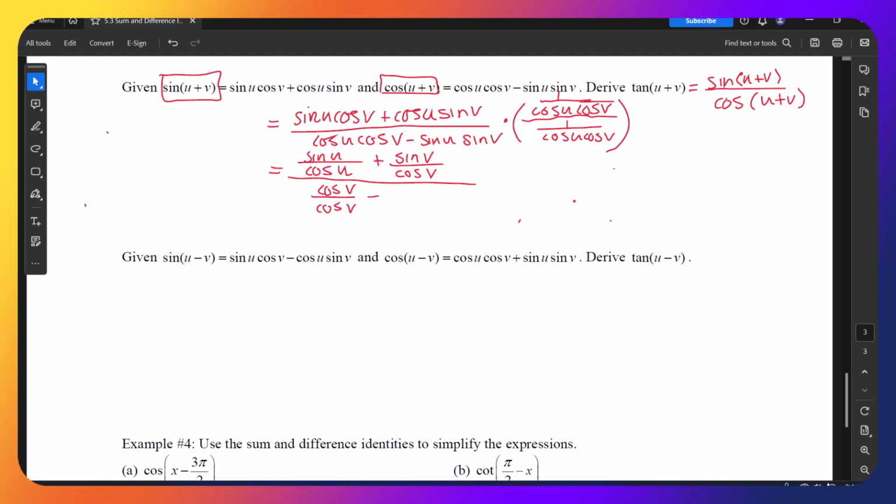Minus, nothing cancels out in this one: sine u sine v divided by cosine u cosine v. So all I did over here is take this expression in the numerator and distribute it to this term and to this term by multiplication, and then did the same thing with the denominator to that term and to this term as well.